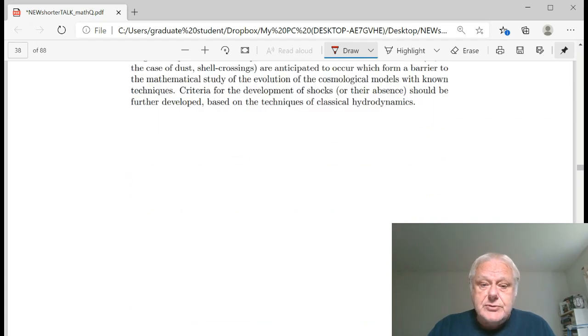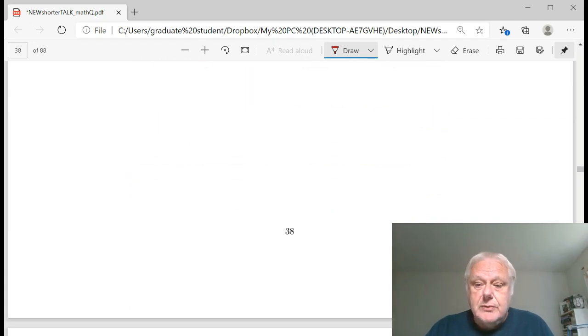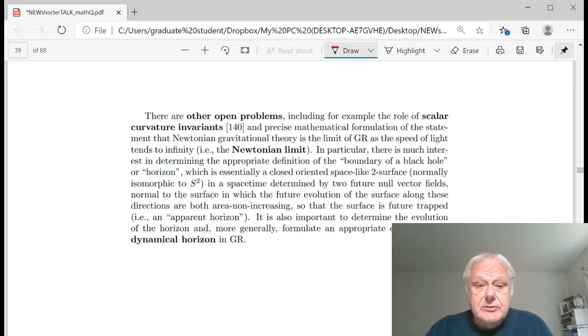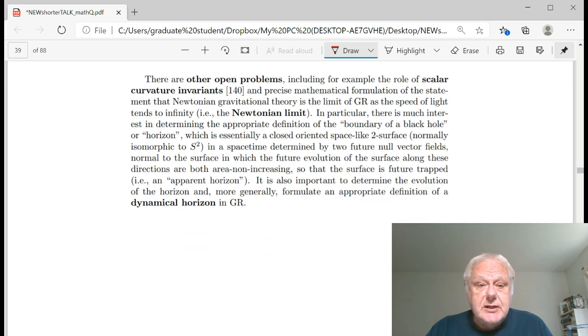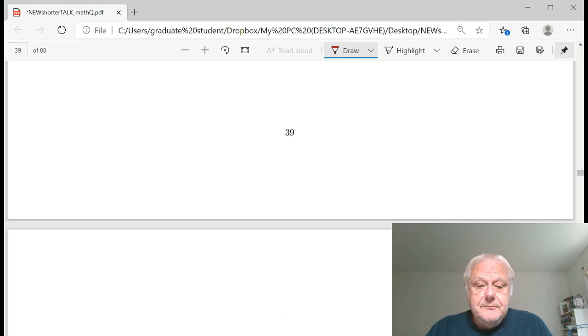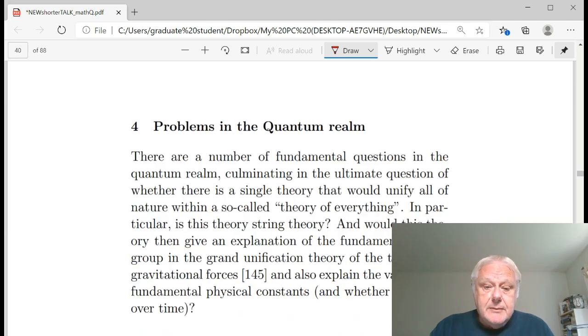There are also problems that have a more cosmological origin, which I'll talk about in another section. Various other problems, the role of scalar curvature invariance. This is something that I'm interested in myself, trying to describe the geometry in terms of scalar invariants as opposed to tensors. And I'm going to stop there.